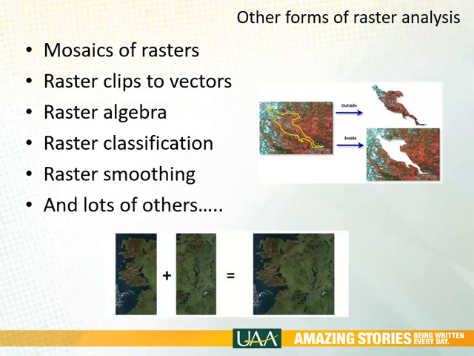Then there's lots of analysis that you can do using the numbers that are assigned to pixels to apply different algorithms or algebraic formulas to them. And this can be used then to classify data, and it can also be used to smooth data as well. We are not going to get into very much of this at all. This is better left for a more advanced GIS class, but just know that there are plenty of cool raster things that can be done out there.